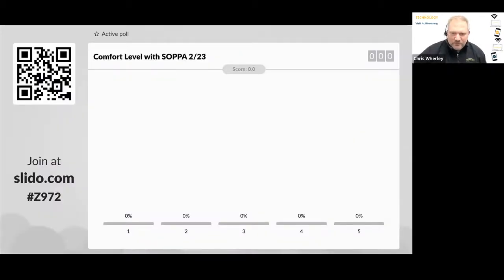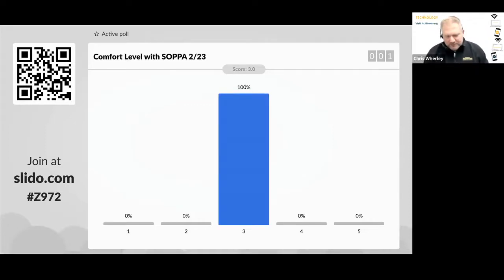And as before, we're always going to try to use the Slido platform. So if you go to https://slido.com and use the code Z972. We did this one a couple weeks ago. Just put in there what your comfort level is with SOPPA, and that could be a little bit of everything.